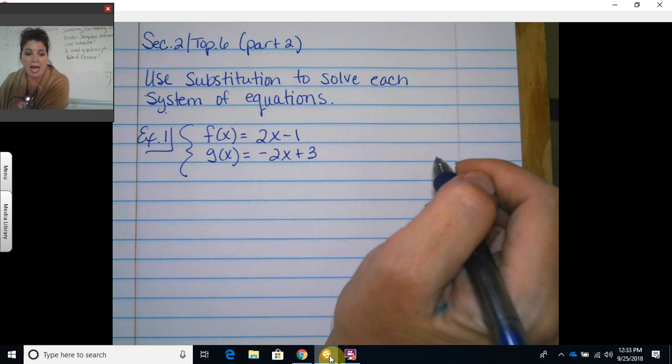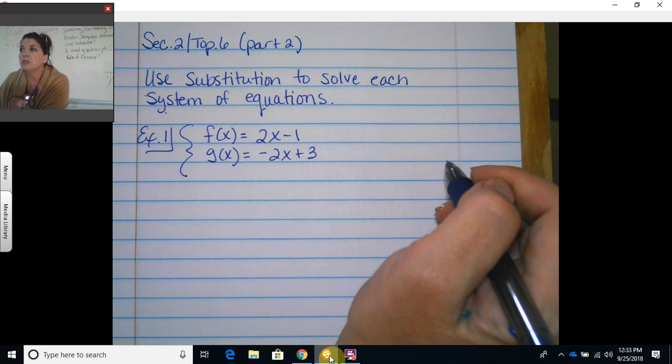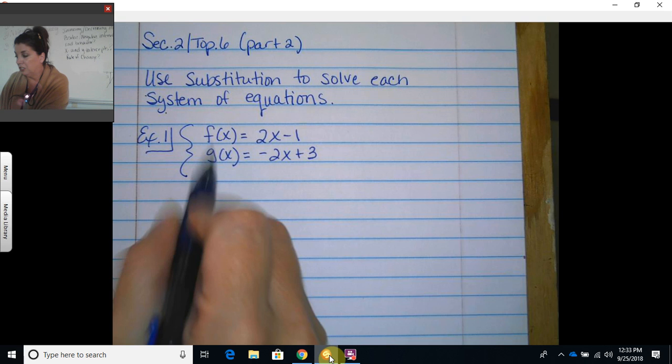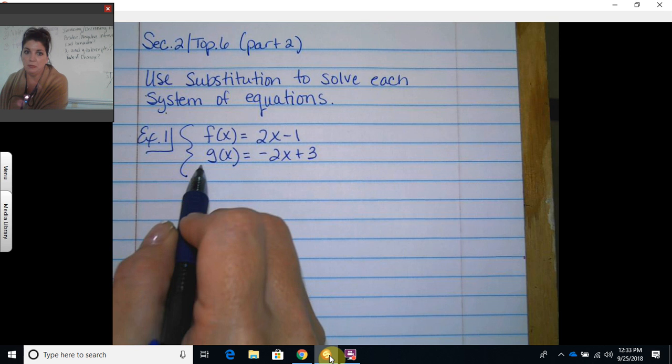The way I teach it is to take your variables and isolate either the x in both of the equations, or isolate the y in both equations, all right? And then go from there. So in this case, these are both written in function notation, function f and function g. And if they're written in function notation, that just means you know this is a function. It would pass the vertical line test, correct?